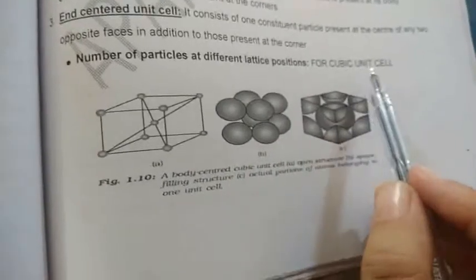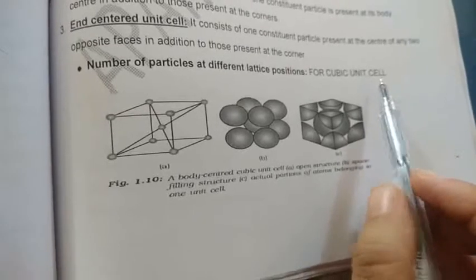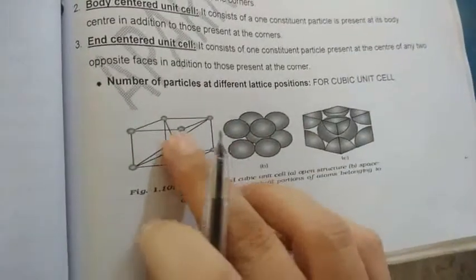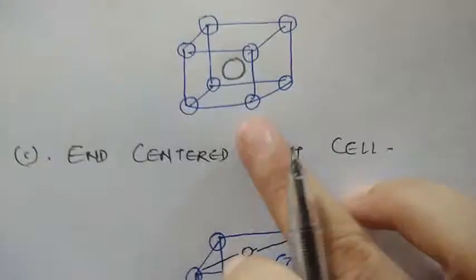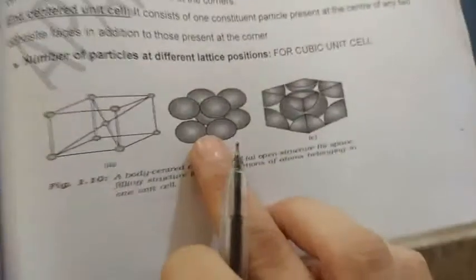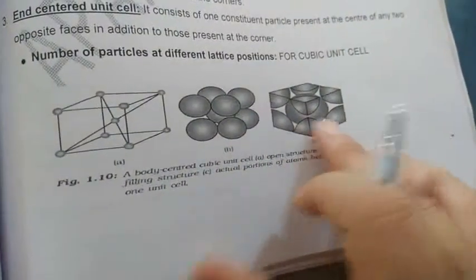So for the cubic unit cell, what is a cubic unit cell? The normal unit cell. This is actually the diagram for the body centered, but can you see all the corners have atoms and the center has an atom? This one. So this will look somewhat like this, and in cut section this will be like this, right?